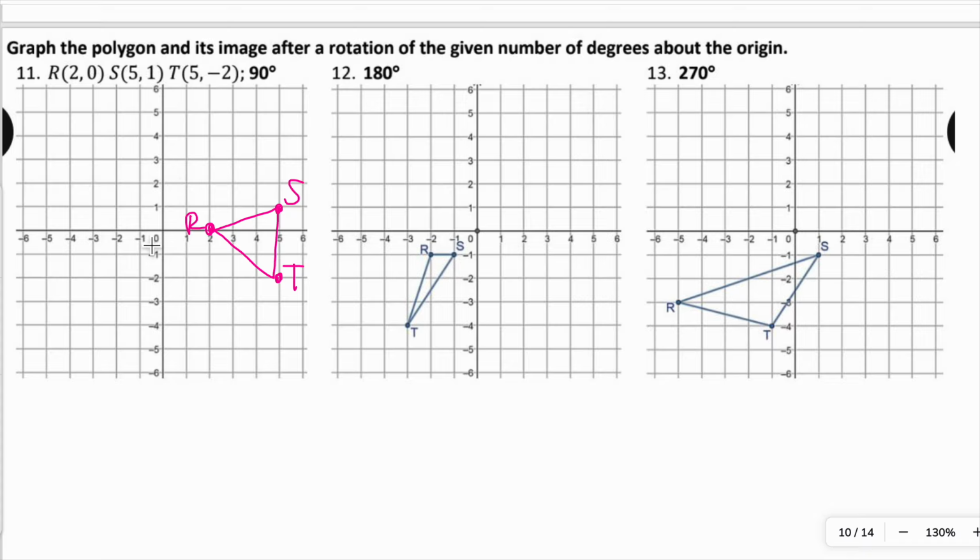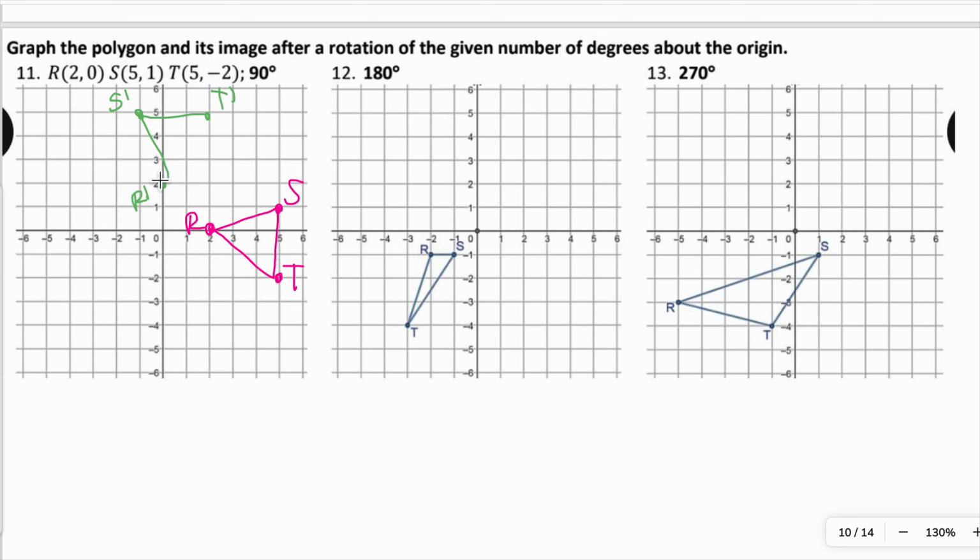If you rotate your paper, you're going to rotate your paper 90 degrees clockwise and then just replot these points. So R prime, S prime, and T prime. Okay.